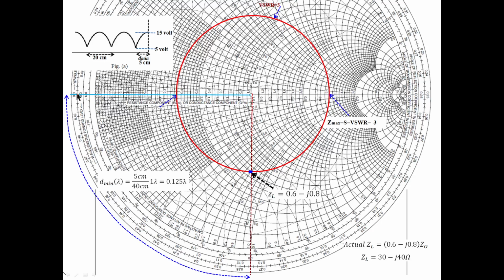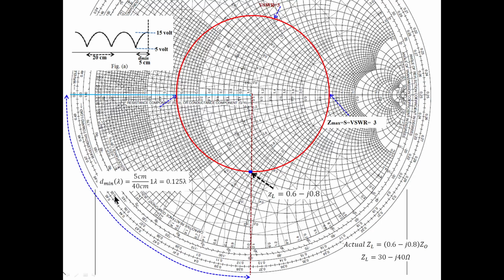From the minima position, we should travel 0.125 lambda. In which direction should you move? On the wavelength scale, it should be towards the load. That is the anti-clockwise direction. It is written here, wavelength towards load, with an arrow. You should move like this.